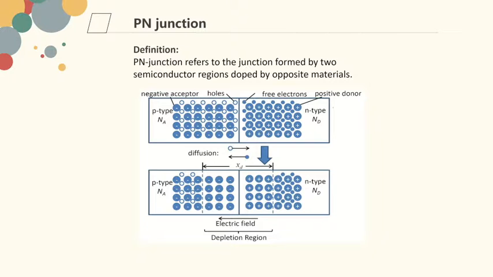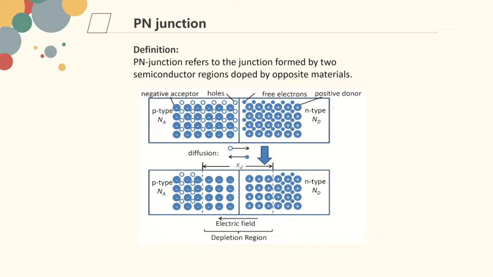As shown in this figure, the immobile ionized atoms are left behind by diffused electrons and holes near the junction. They create a region of positively charged donor atoms in the n-type side and a region of negatively charged acceptor atoms in the p-type side.